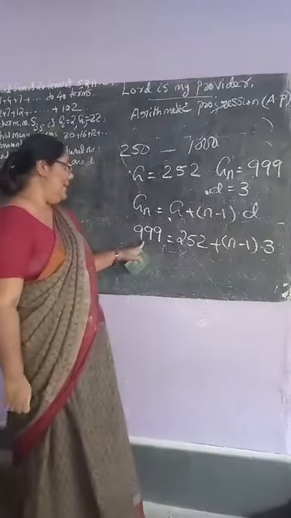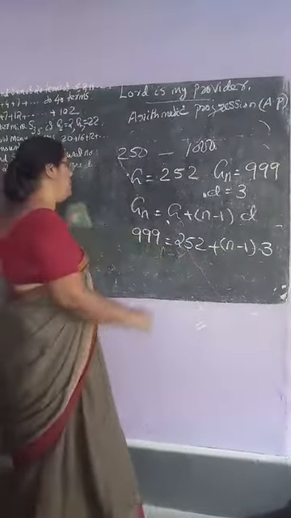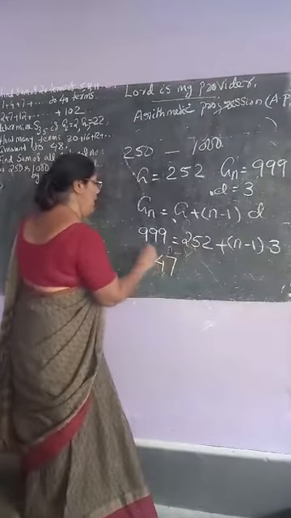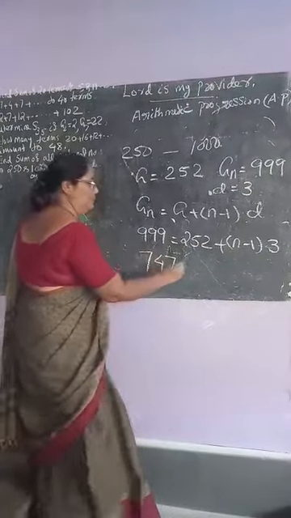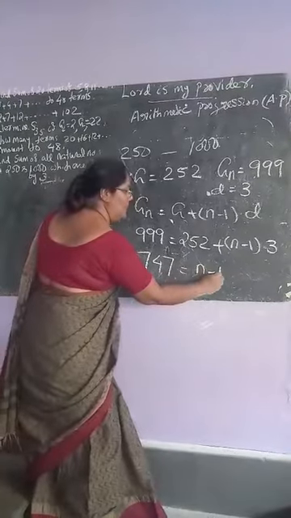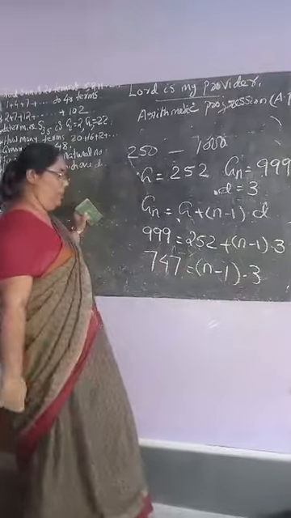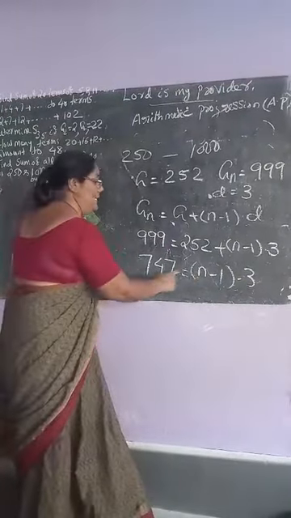Now, what is 999 minus 252? 9 minus 2, 7. 9 minus 5, 4. 9 minus 2, 7. 747 equals n minus 1 into 3. Now, n minus 1 equals 747 by 3.